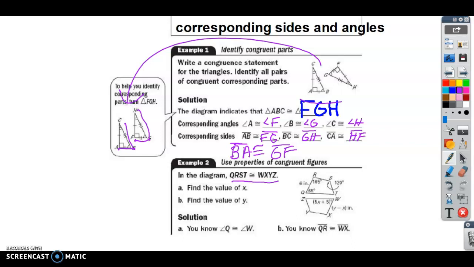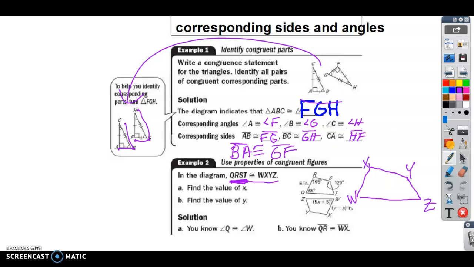So I've got a flipped figure, and I'm going to redraw the second one to face the same direction. I'm going to make it just a little bit bigger so I can draw in here comfortably. Okay, so this is QRST, and the next one would be in the same direction, WXYZ.